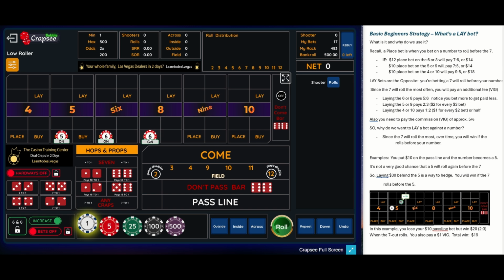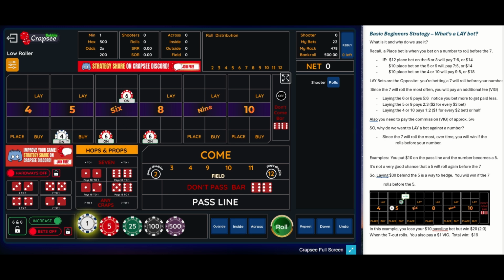Okay? The lay bet is kind of the opposite. If you lay behind the 6, the lay button is up here, above the 6, behind the 6. It pays 5 to 6, 5 for every 6.